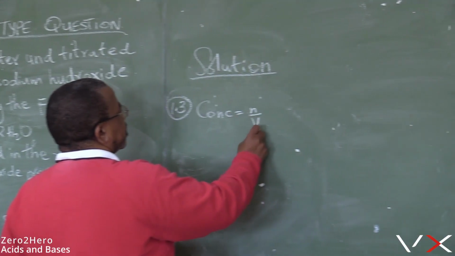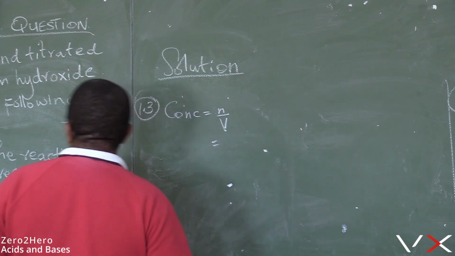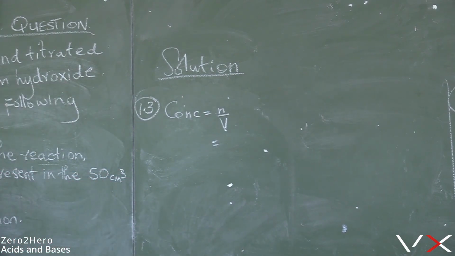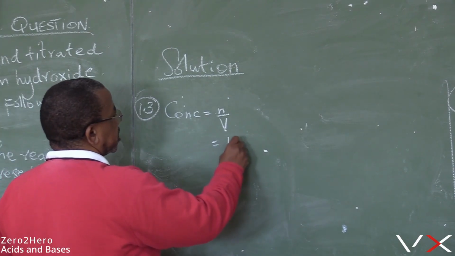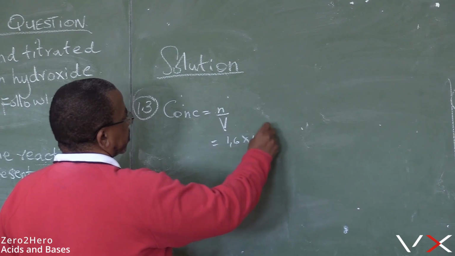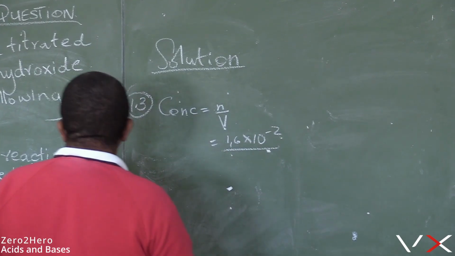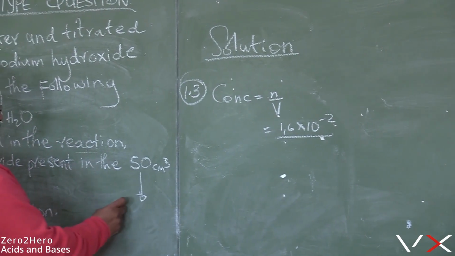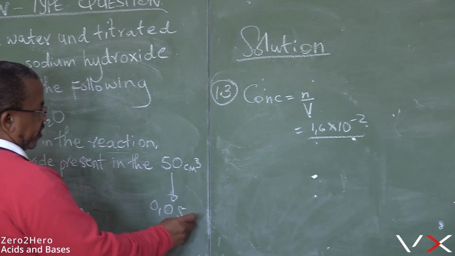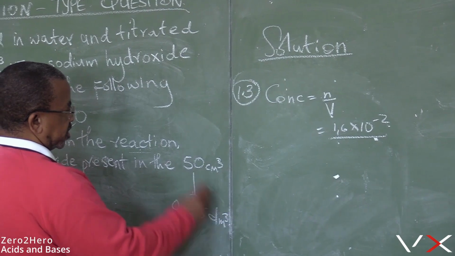Number of moles over volume. How many moles of sodium hydroxide did we get? We got 1.6 times 10 to the power minus 2. What is the volume? 50 cubic centimeter to cubic decimeter is 0.05 decimeter cubed.